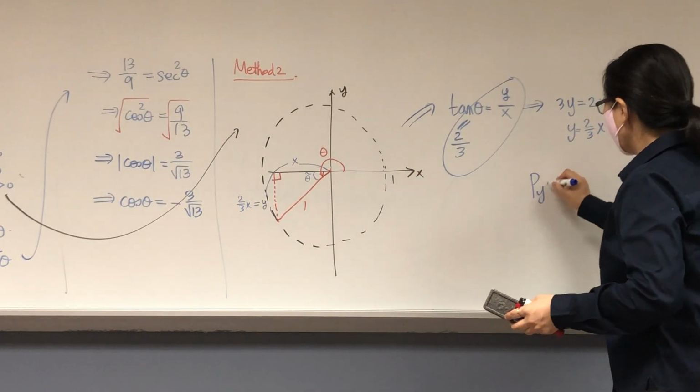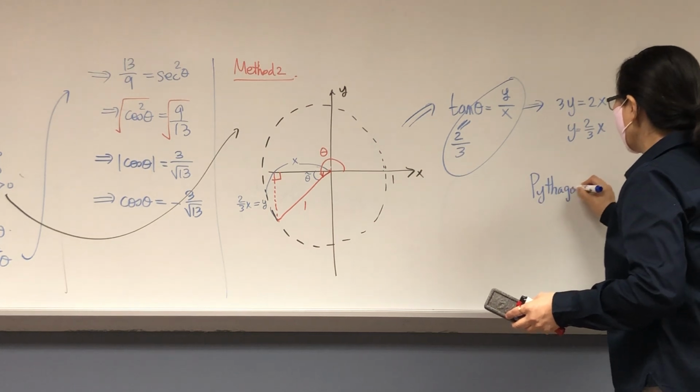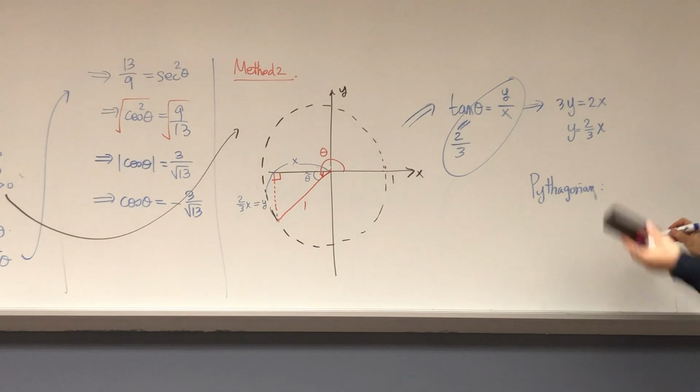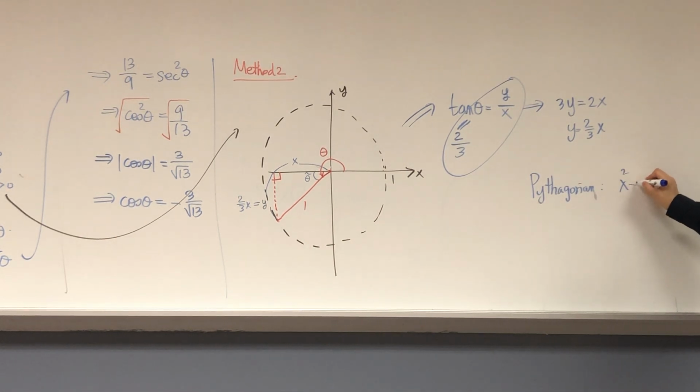Yes. I don't like this method. Pythagorean and then what? x squared plus 2/3 x squared equal to 1. Am I right? Very bad. I know. Already bad.